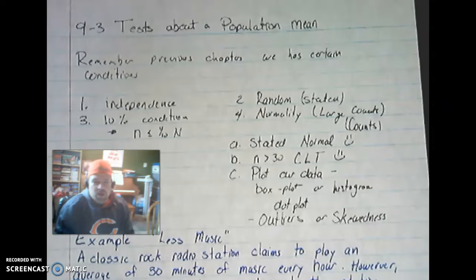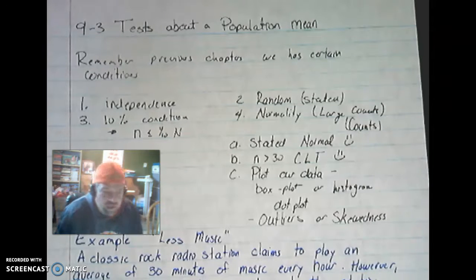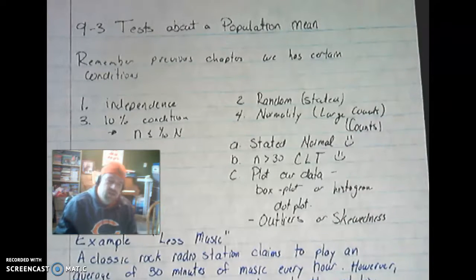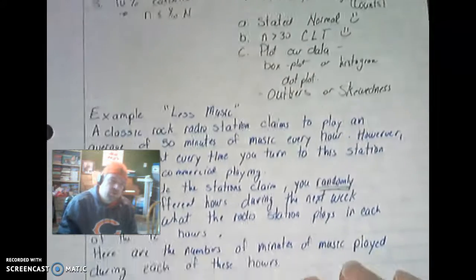A histogram or dot plot give us the same thing. We're looking for outliers or strong skewedness. If we don't have any of that, then we can proceed to do our t-test. So we're going to do an example that goes over these conditions so that you can see what it looks like, or probably just quickly review as well.